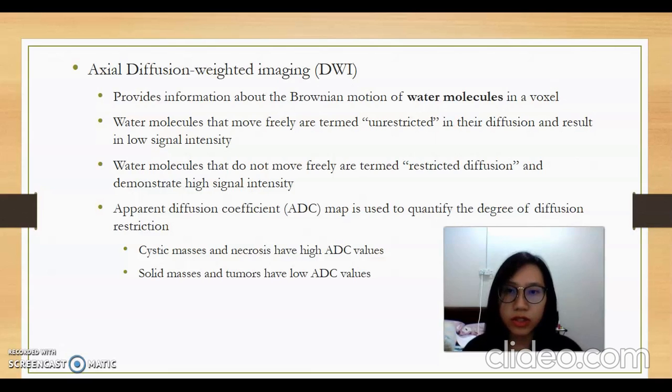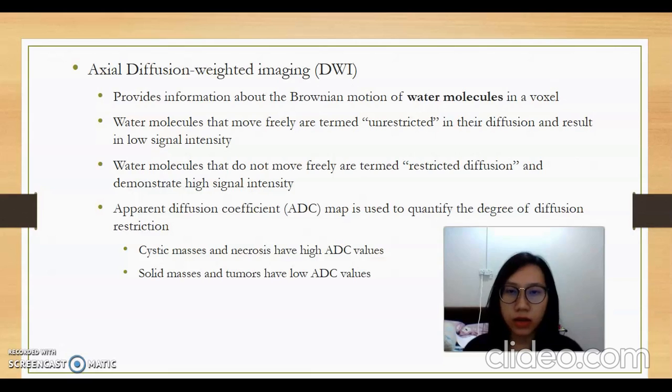Water molecules that do not move freely are termed restricted diffusion, which demonstrates high signal intensity, which is bright. Usually tumors are categorized as restricted diffusion, so they will appear bright in DWI.